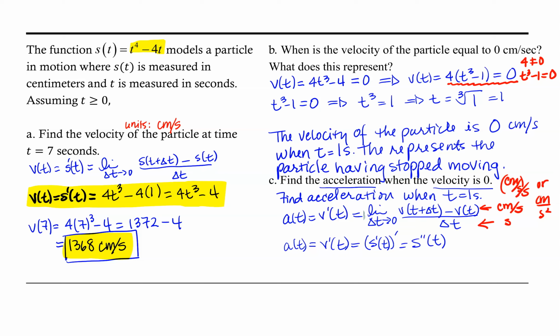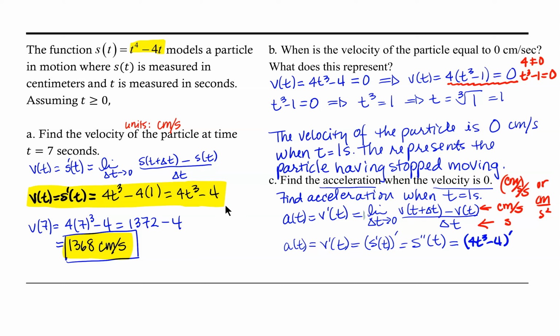So anyway, let's go ahead and find the acceleration when velocity is 0. So our acceleration function: we remind ourselves what our velocity function is. It is 4t cubed minus 4. So what we want to do is take the derivative of 4t cubed minus 4.